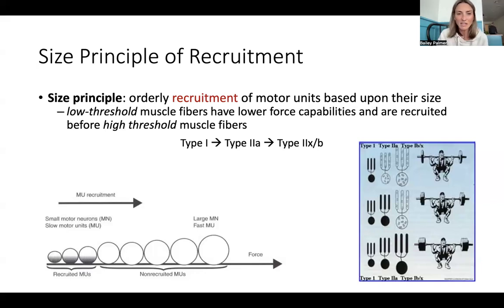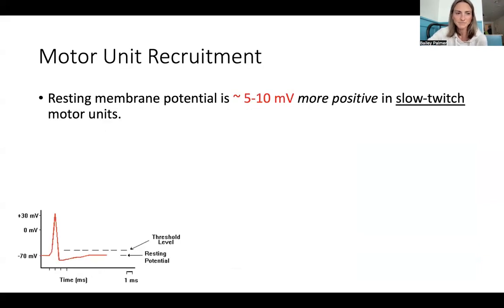And we may not activate any of those larger motor units unless we start to do something really intense. Like I mentioned a second ago, the resting membrane potential is -70. Well, that's an average that they basically teach about all motor units, but they're all different because they all have different sizes and exist at different levels throughout the muscle.